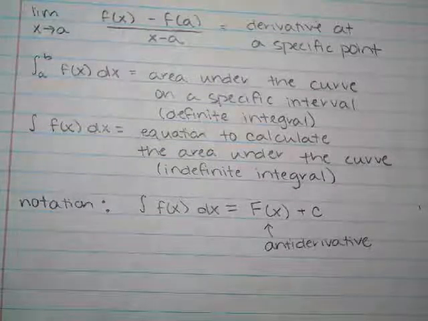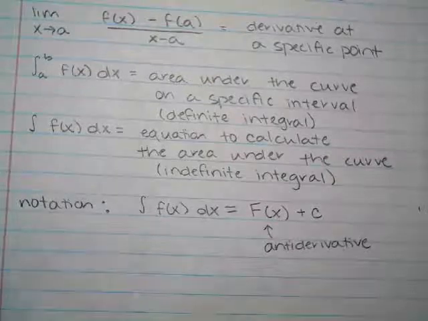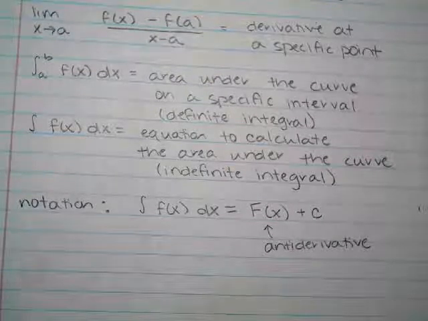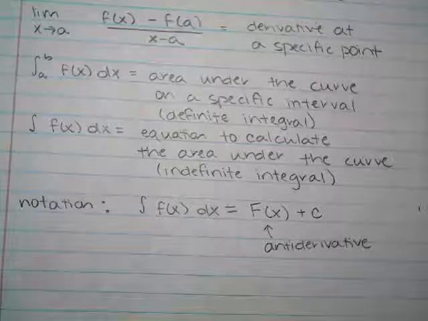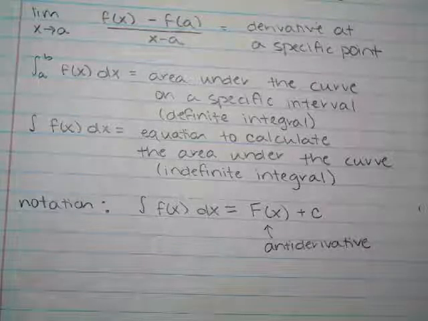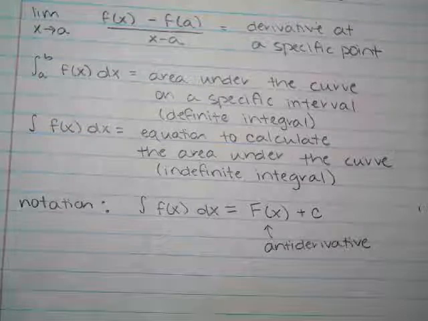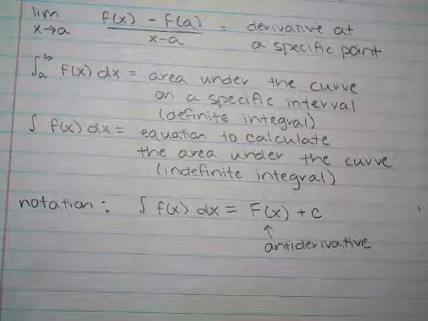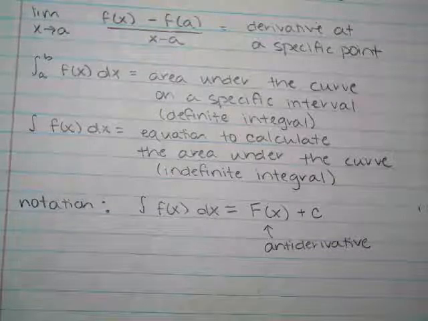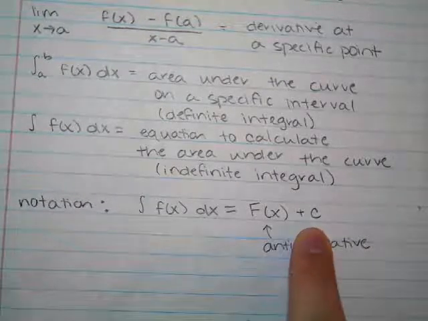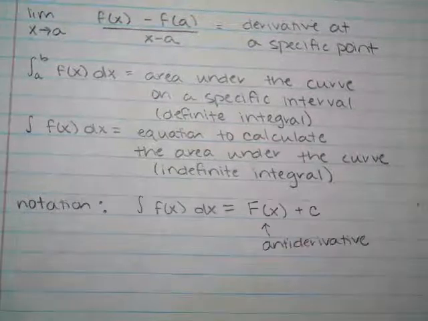Does that make sense? And so they call that original equation capital F of x. So I took the derivative, I got lowercase f of x. I did the integration or the antiderivative, and I got back to capital F of x. Capital F of x is the original equation, with a plus c, because we're allowing for the fact there could have been a plus number on the end, but we don't know what it was.